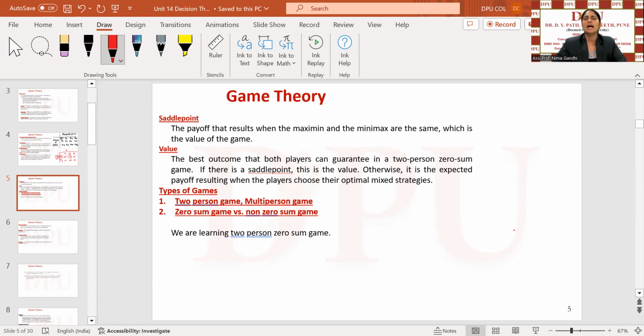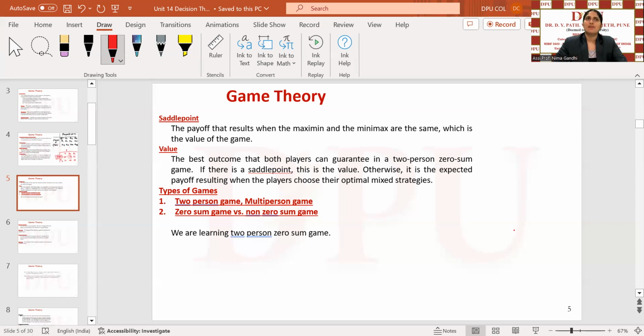So when we don't have the saddle point, the players are not using a pure strategy, they are using a mixed strategy. When we have the saddle point in the game, the players are using a single, or pure, strategy.